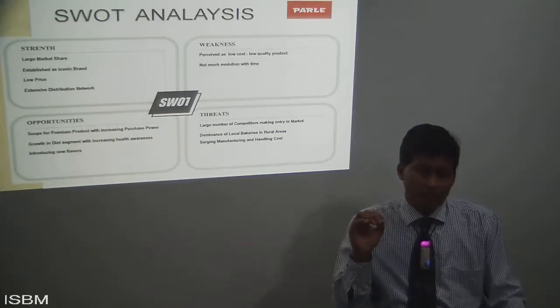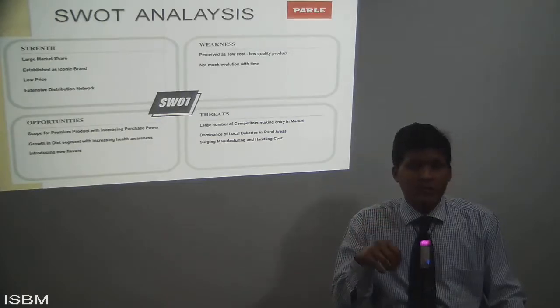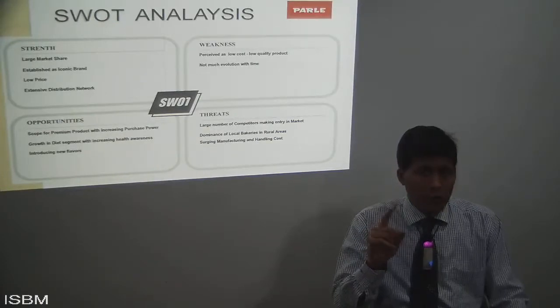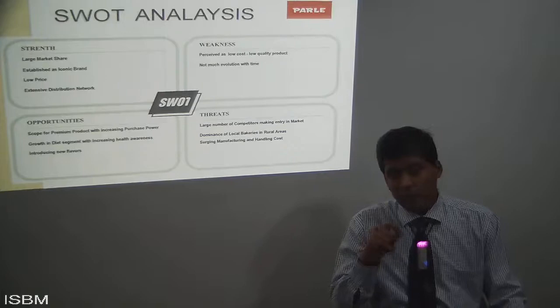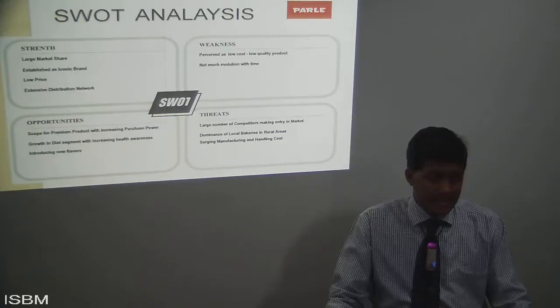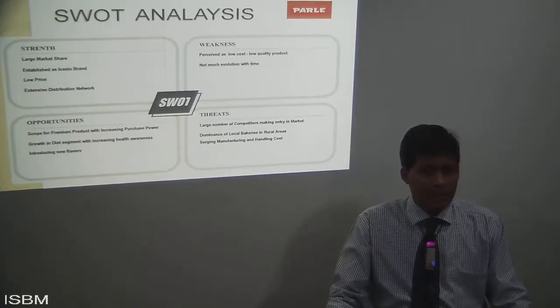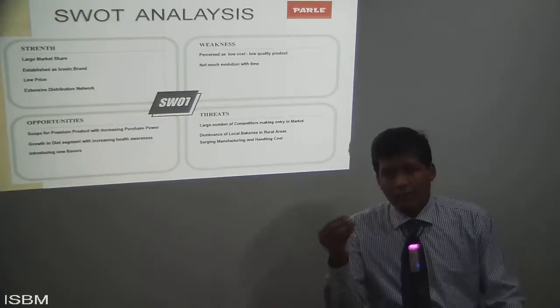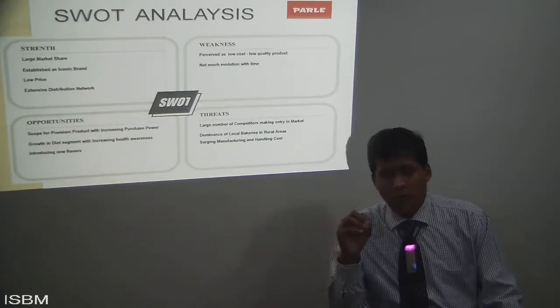Areas of development or weakness that the organization has: number one, it is perceived as low cost, and low cost sometimes also means a low quality product. Need not necessarily mean that, but we have understood when we were discussing cost and price. Cost is the actual financial cost of the product.